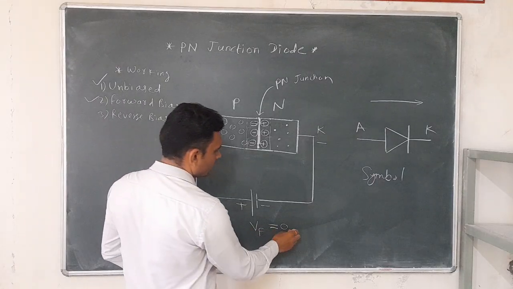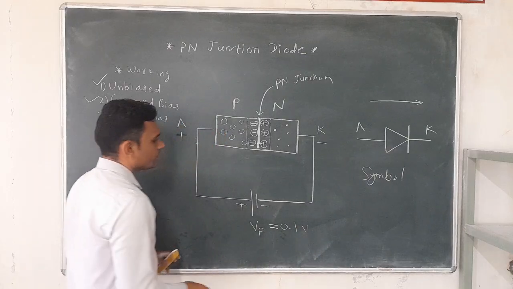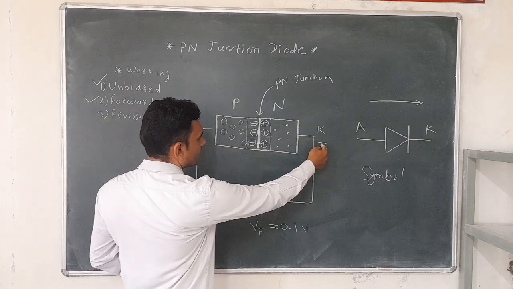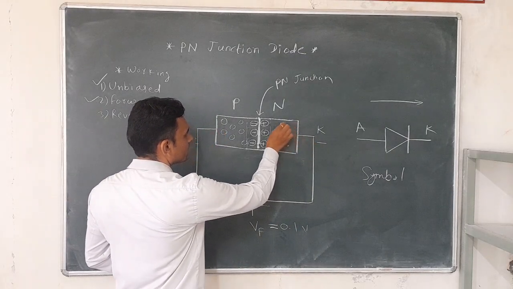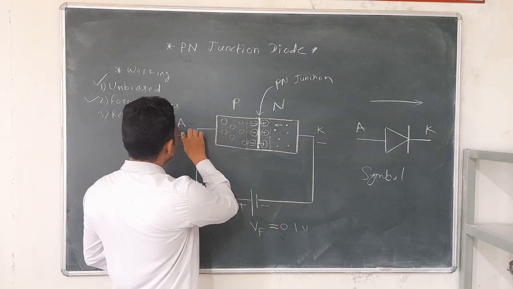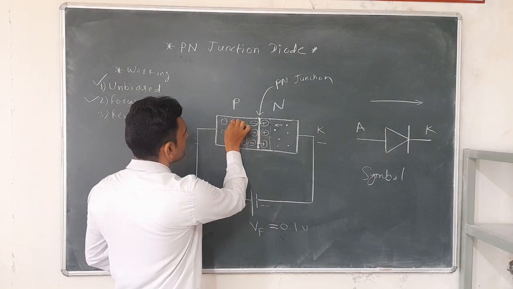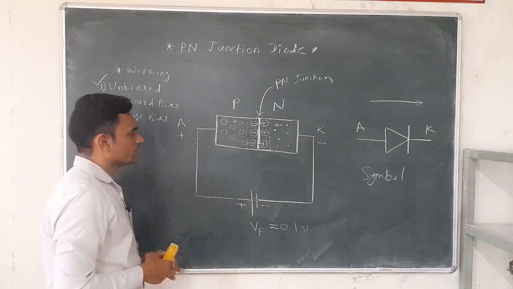If we increase this forward voltage in steps, for example 0.1 volt, then this cathode terminal repels few electrons towards the junction. Similarly, this positive anode terminal repels few holes towards the junction.